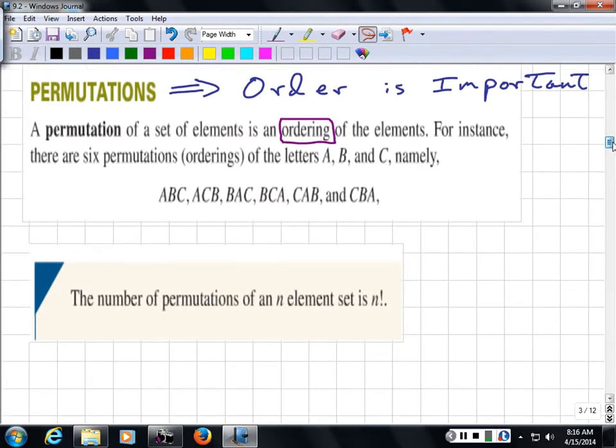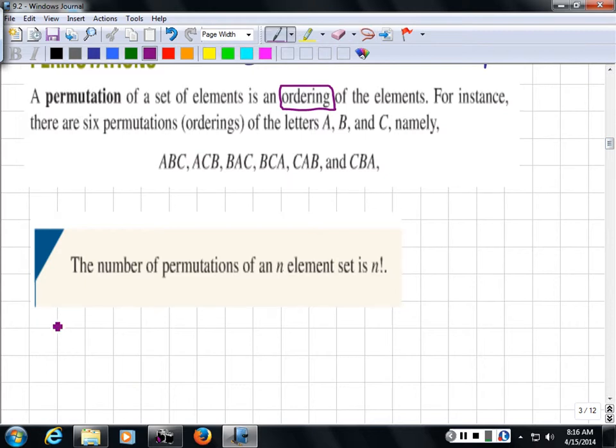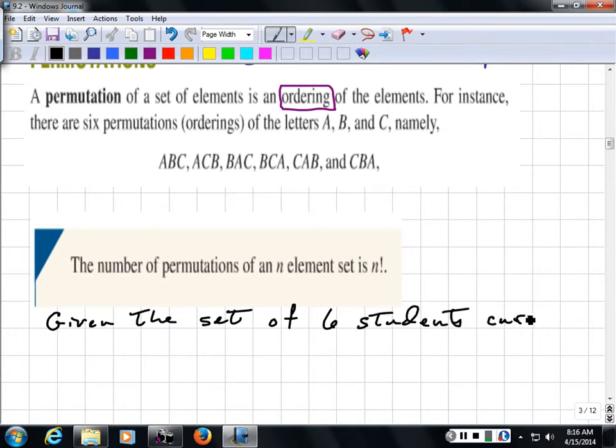So given a set of 6 students currently attending Math 110.